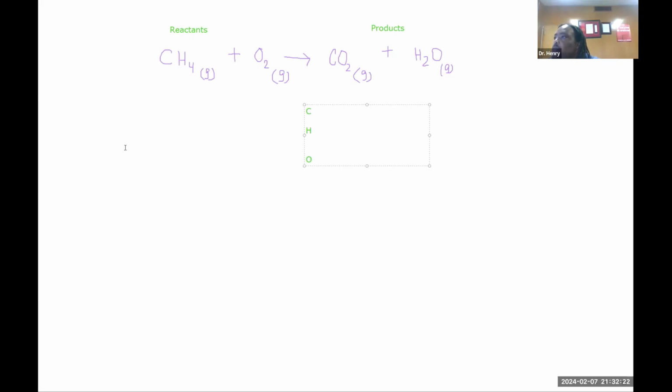Okay, so on my reactant side, how many carbons do I have? You're looking at the number that's right next to the carbon. What is right next to the carbon? 1. Right? If there's no number next to it, it's always going to be a 1. That's right.